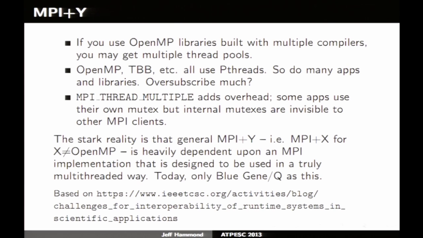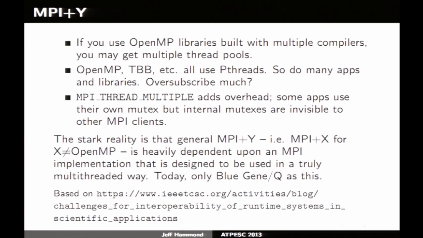Well, if you ever want to have composable software, you might actually need this, because you'll end up having two completely well-designed MPI+X libraries using MPI thread serialize that will now be completely broken when attempting to coexist in the same universe. And so if you're a library developer and you are using MPI+X, you need to think very carefully about how you'll interface into applications that do the same thing.